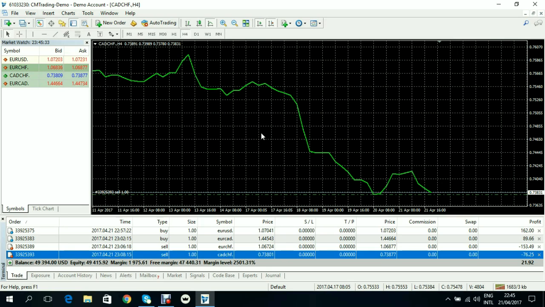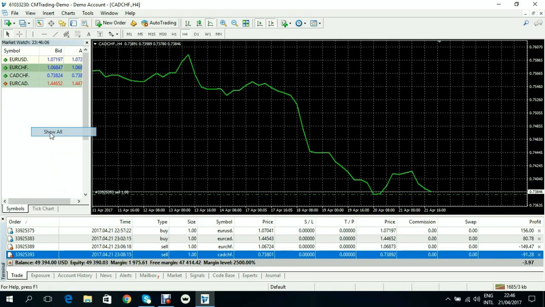Alright, in order to choose or to select a particular pair, the first thing is to select the major trading pairs, at least 4 of them. That is, select 4 instruments.